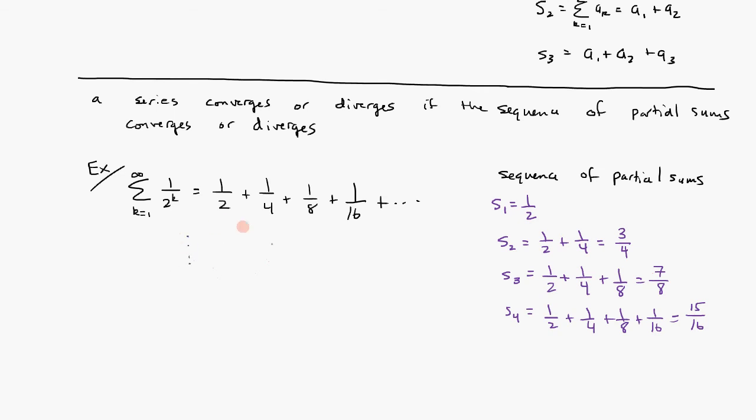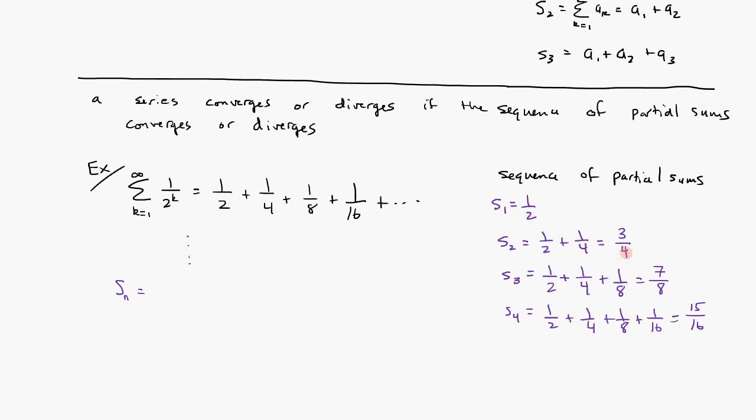Okay, so let's see if we can get a formula for the partial sums. So S sub n, so the denominator is always a power of 2, right? So here the denominator 2 is 2 to the first power, and the index is 1.